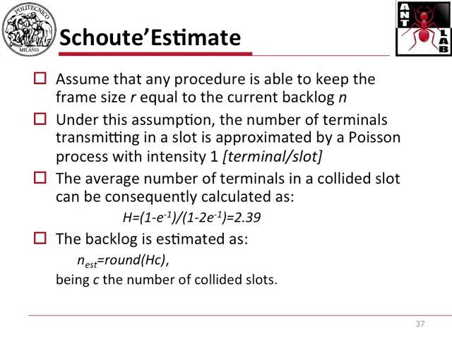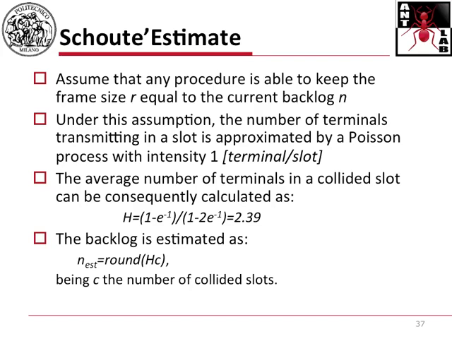If this is correct, meaning that the current frame size is equal to the number of tags in the backlog, it can be shown that if all these tags choose randomly one slot in the frame, the traffic you observe in one single slot of that frame is Poisson distributed with an average of 1.